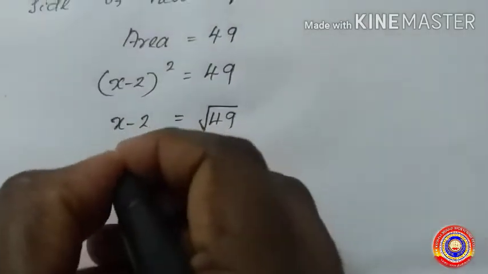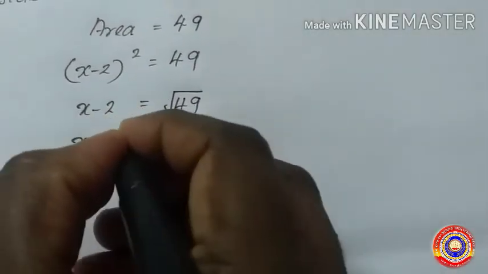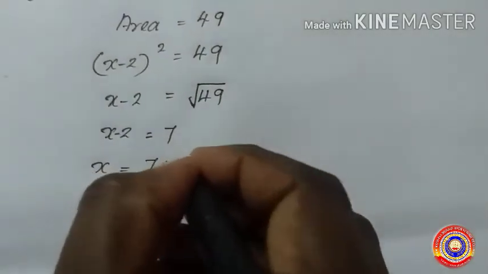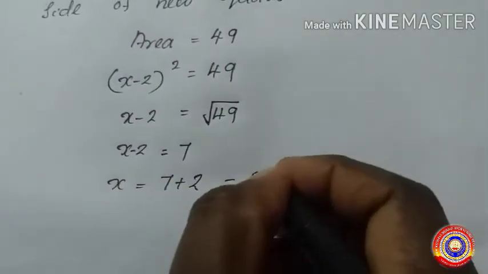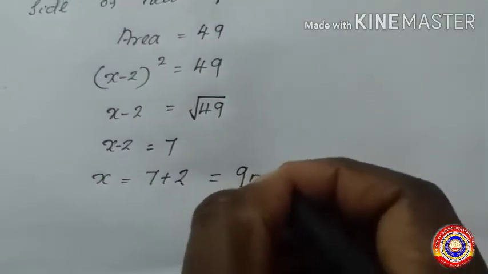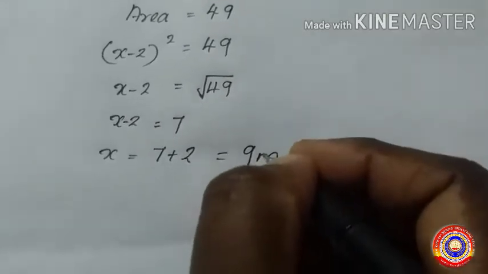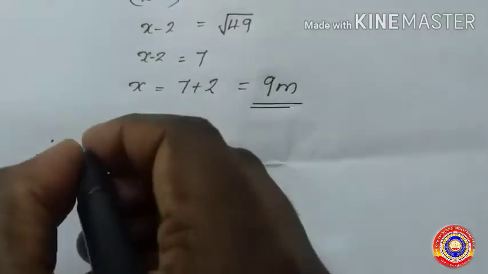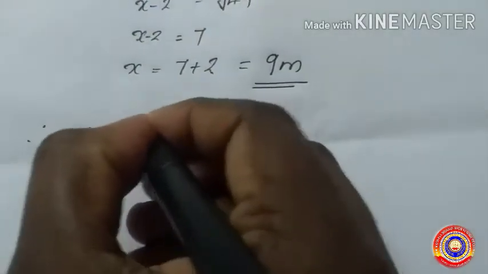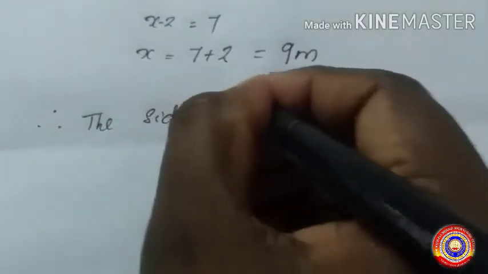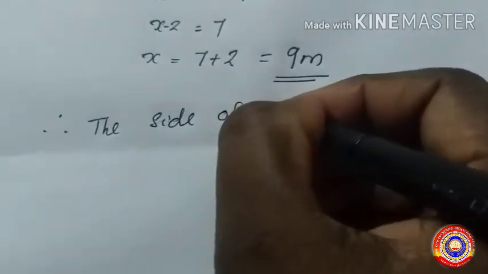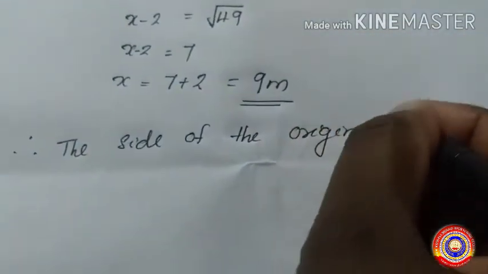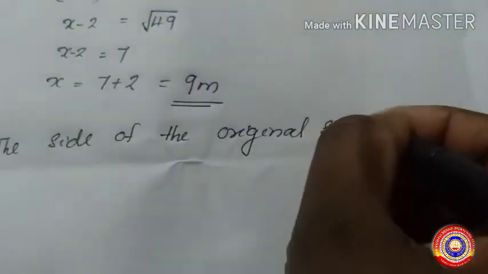So x minus 2 equal to 7. Therefore, x equal to 7 plus 2, 9 meter. x means the side of the original square. Therefore, the side of the original square equal to 9 meter. Is it clear for you children?